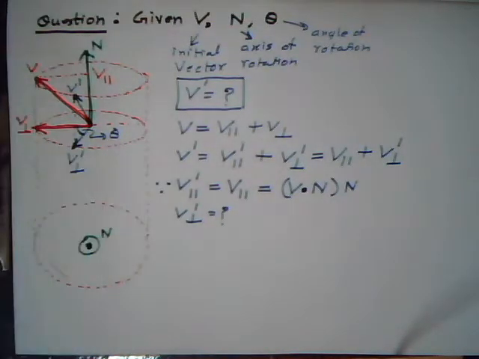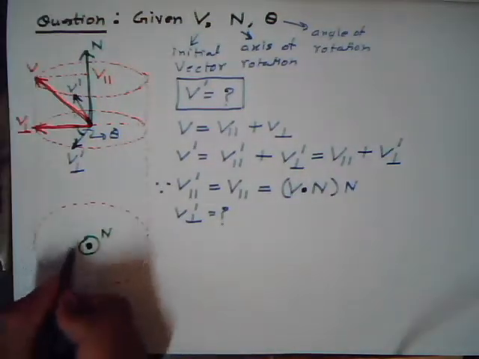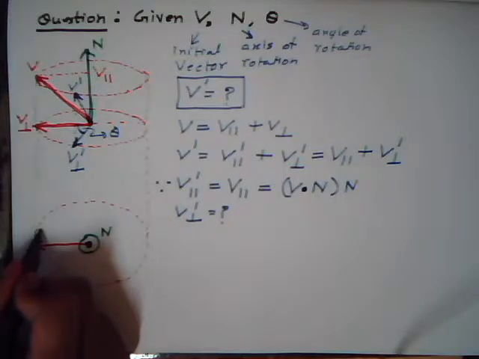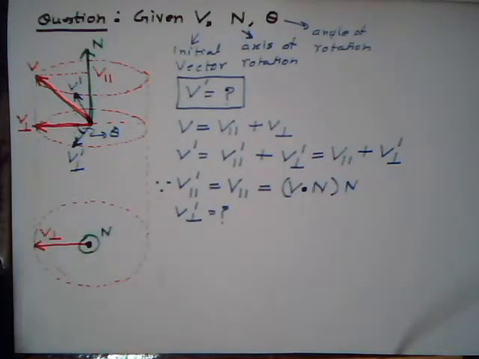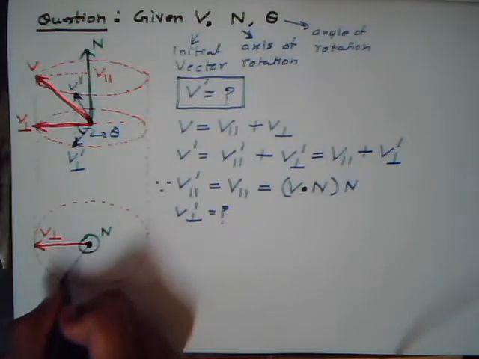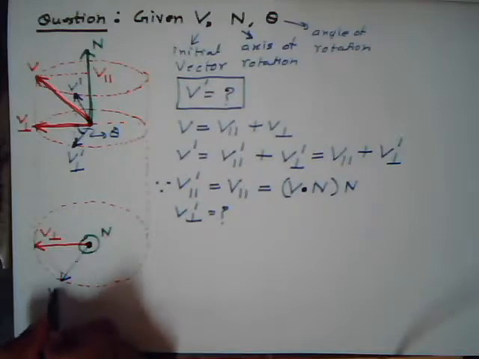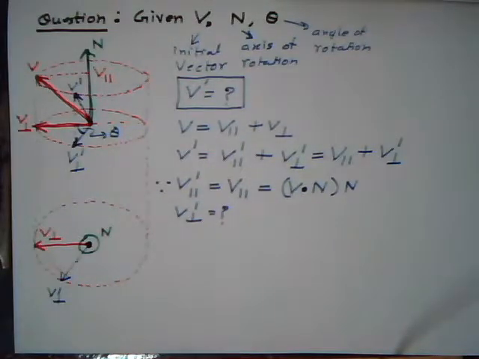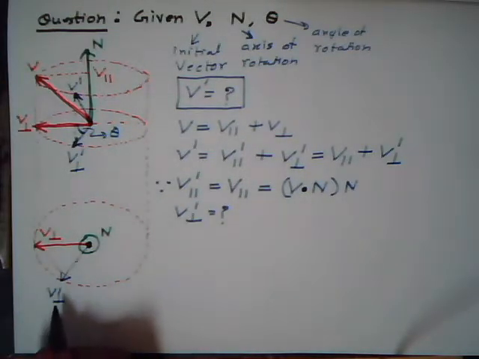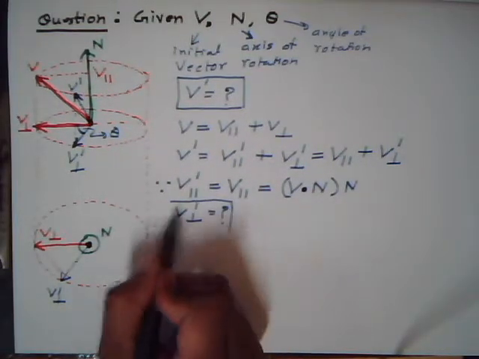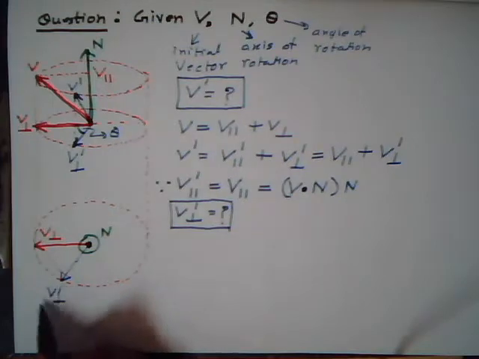perpendicular. So therefore I have v perpendicular here, and after rotation this point comes here, which is v prime perpendicular. Now the question that we are trying to answer is this: what is this component?